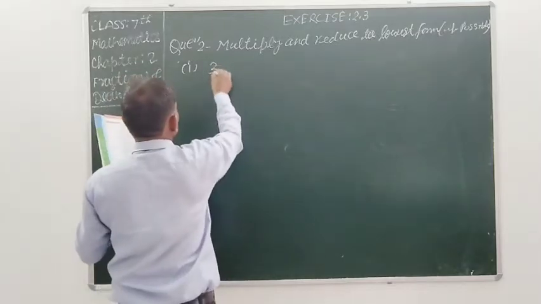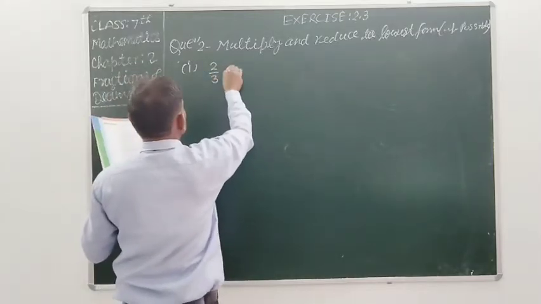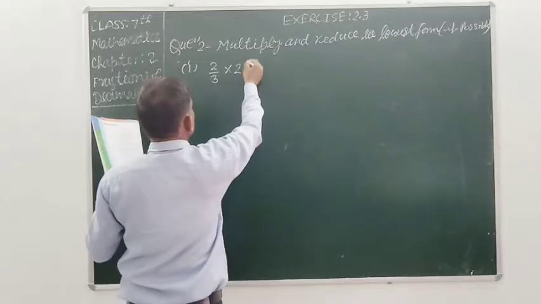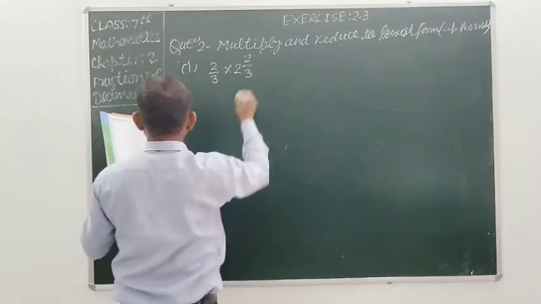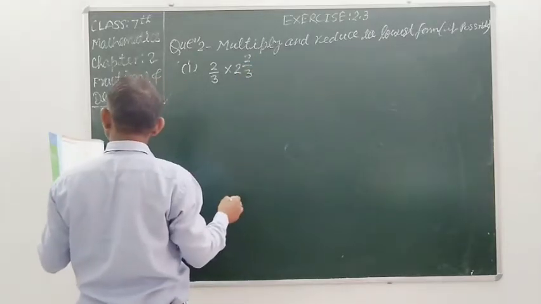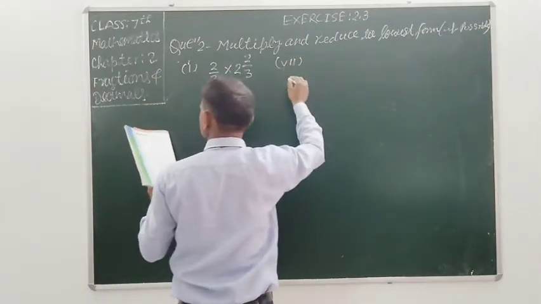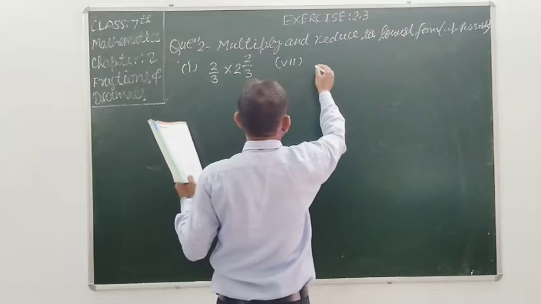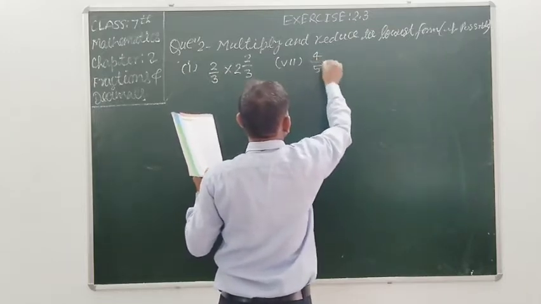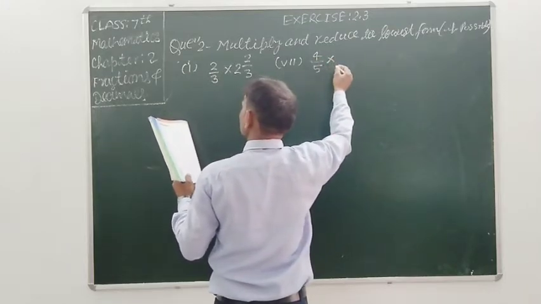2/3 into 2 whole 2/3, and the last part, means the 7th part, student, of this question is 4/5 into 12/7.